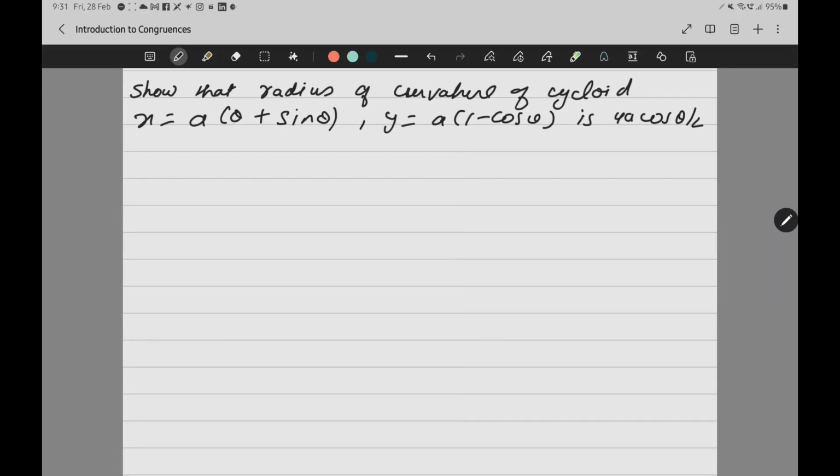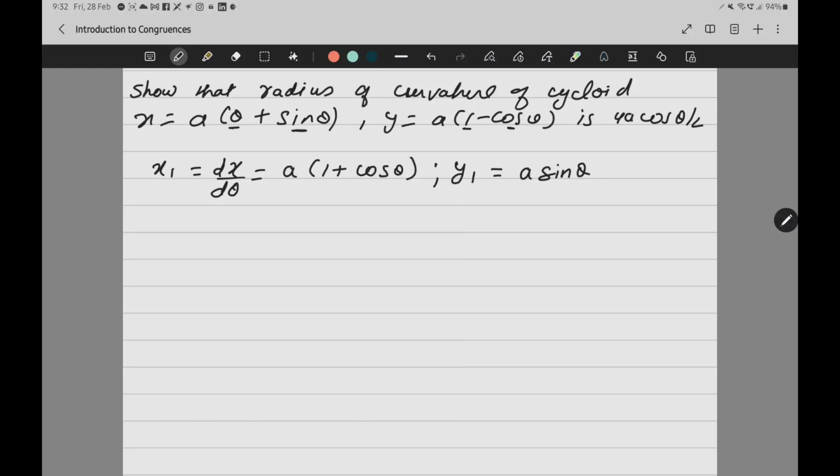So first I will find out x1, which is equal to dx by d theta. So it will be a(1 plus cos theta). Then I will find out y1, which is equal to plus a sin theta. See here, a is a constant, differentiation of theta is 1, and differentiation of sin theta is cos theta. Here differentiation of 1 is 0, and cos theta gives minus sin theta.